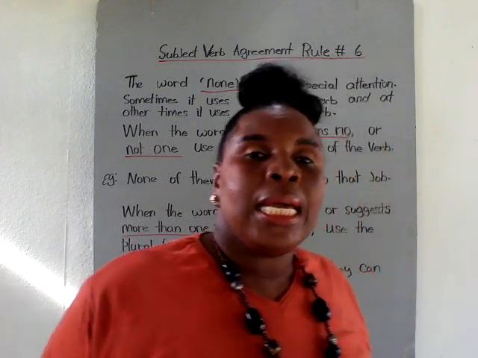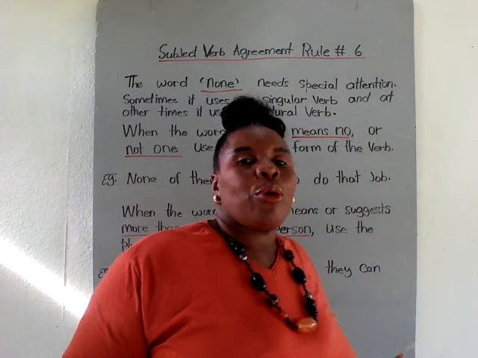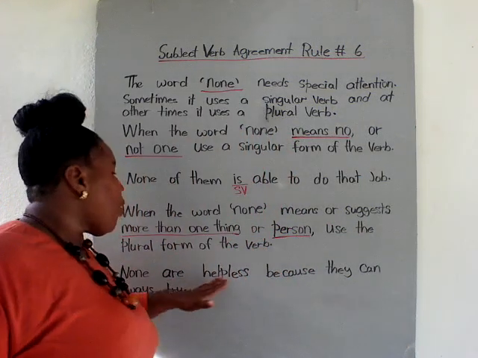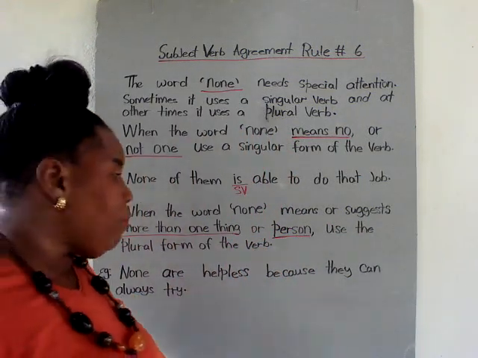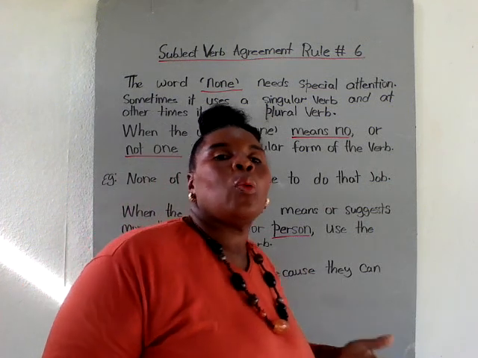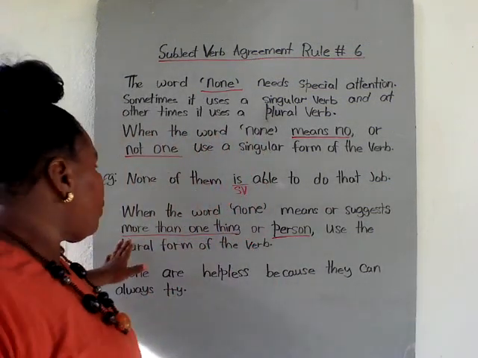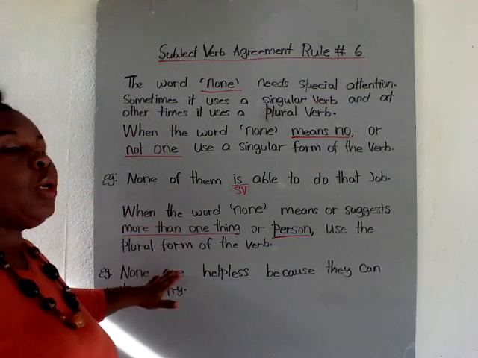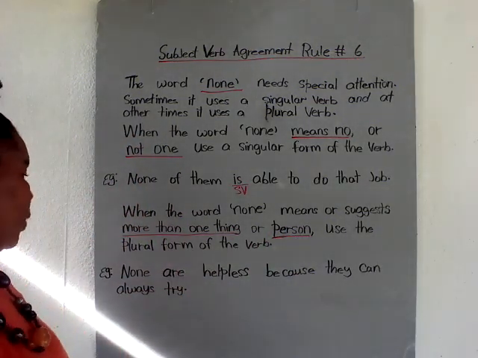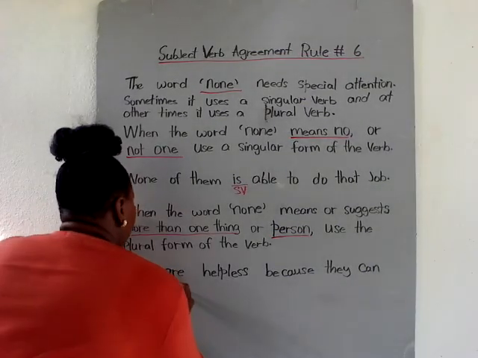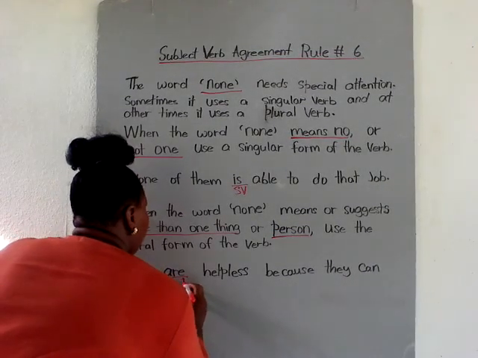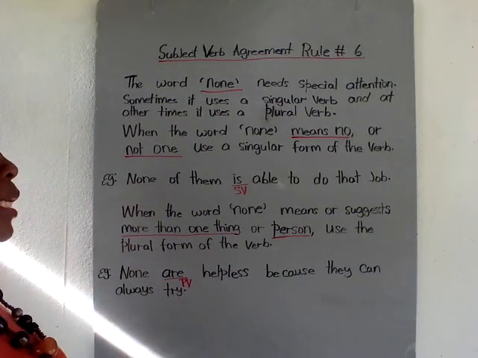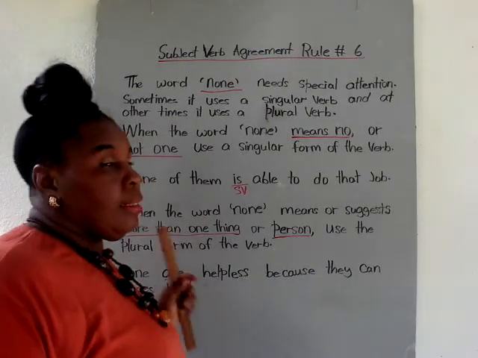In this sentence, we're referring to a group of people. So we're saying none are helpless. None of those people are helpless because they can always try. According to the rule, if you're talking about things or persons, we use the plural form of the verb. We say are here, which is the plural verb.